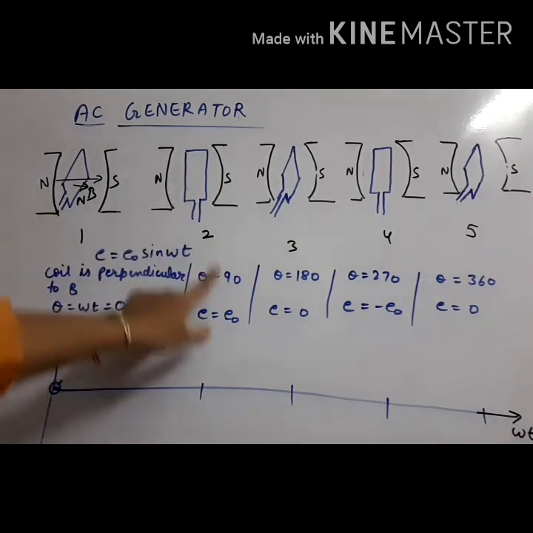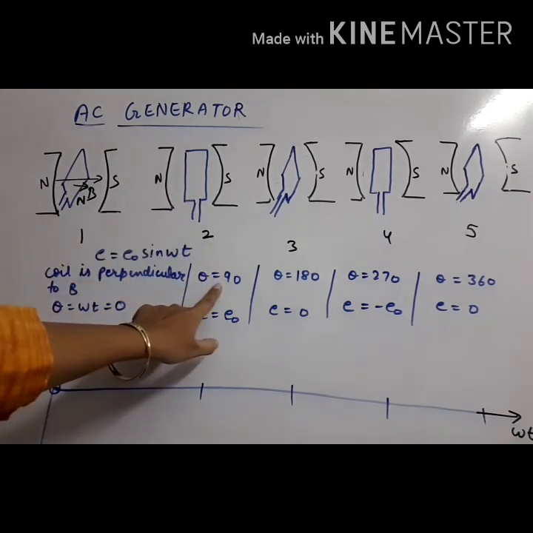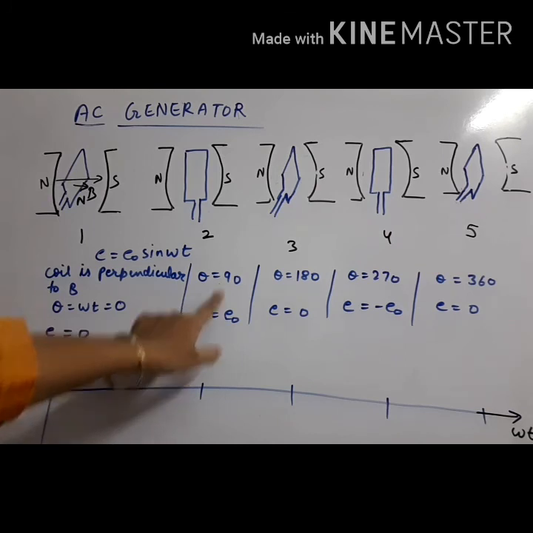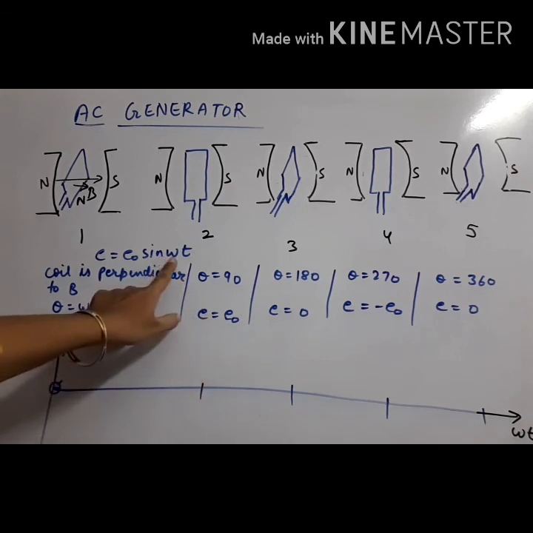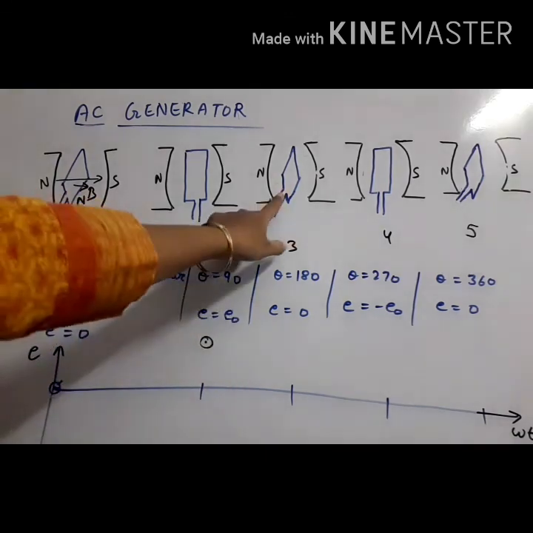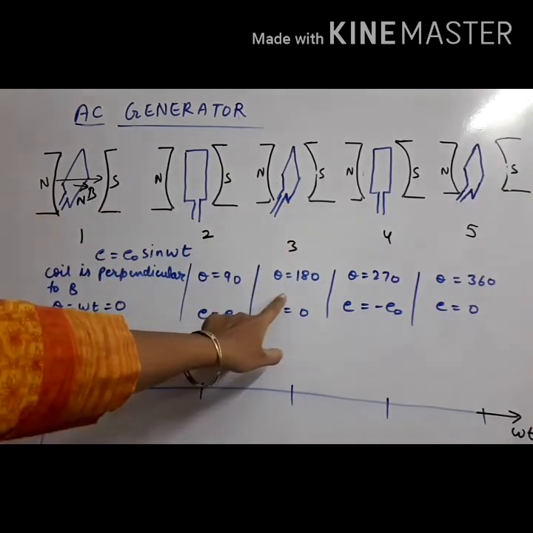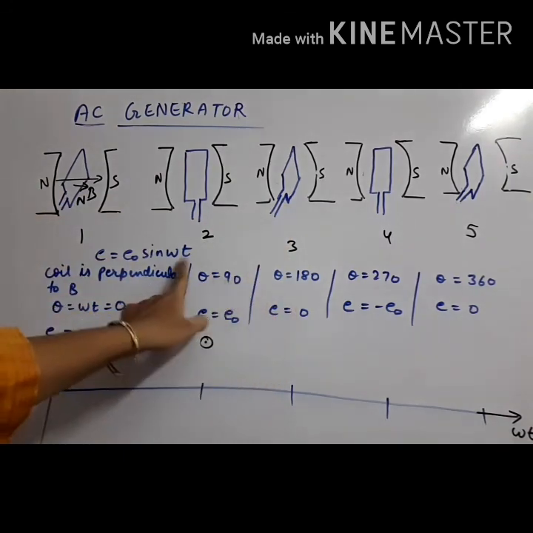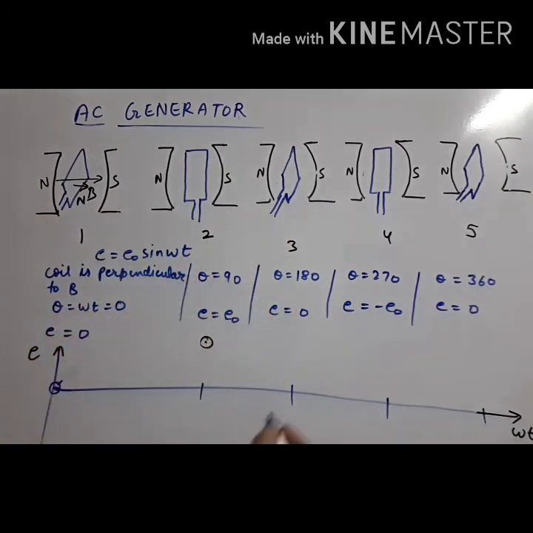Then in the second position, theta is 90, between the normal and the magnetic field. If we put theta 90 here, E equals E0, which means maximum. So the next point will be here, maximum. Then in the third case, when theta is 180, E equals 0. We will get a point here.